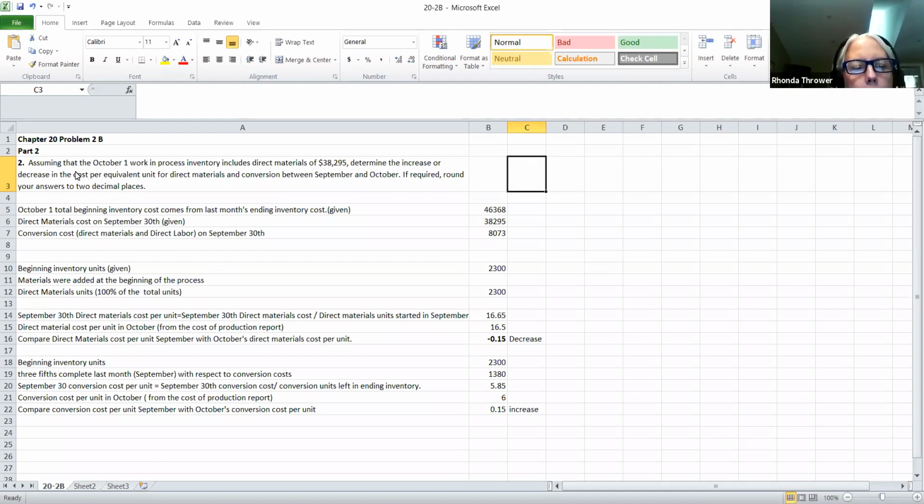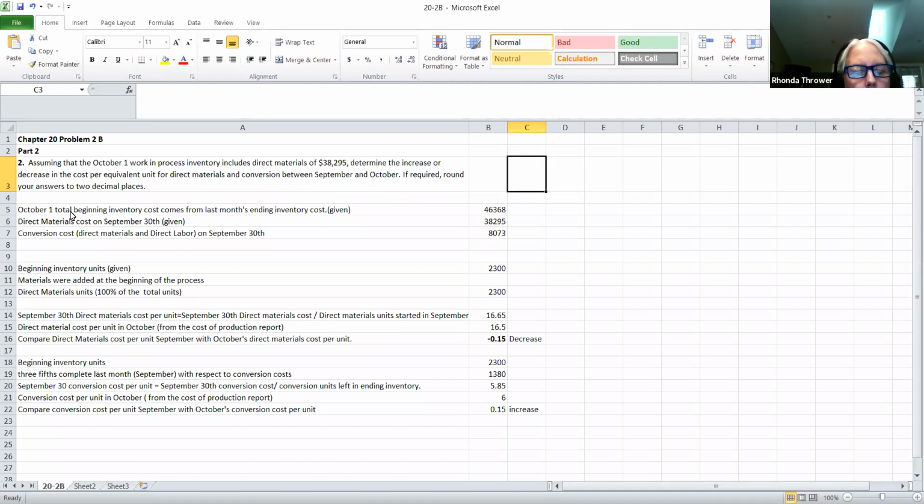In part 2, it says, assuming that the October 1st work in process inventory account includes direct materials of $38,295, determine the increase or decrease in the cost per equivalent unit for direct materials and conversion between September and October. And it says, if required, round your answers to 2 decimal places.